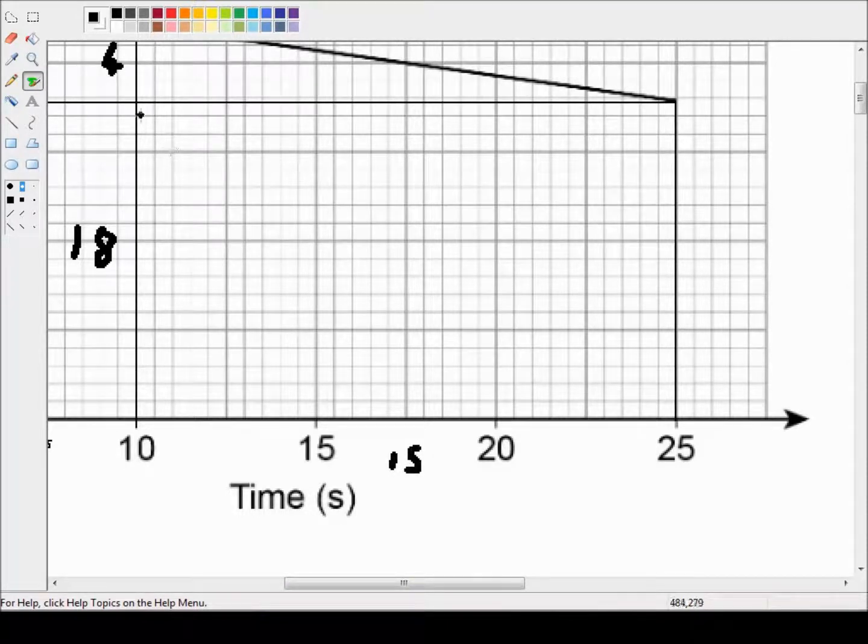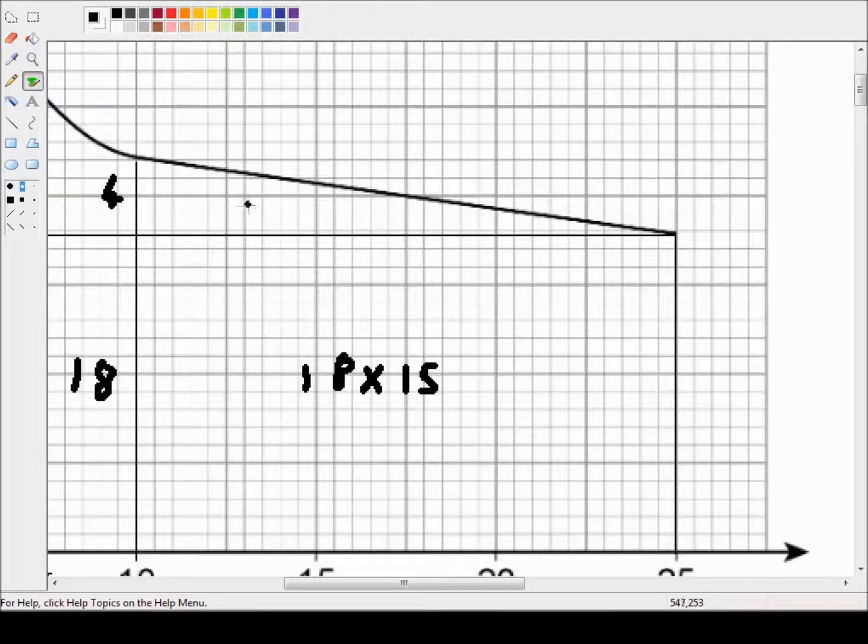So the area of the rectangle is 18 times 15. And the area of the triangle is half of 4 times 15, which is 2 times 15. Okay, well that part's easy, I can do that in my head easily, that's just 30.